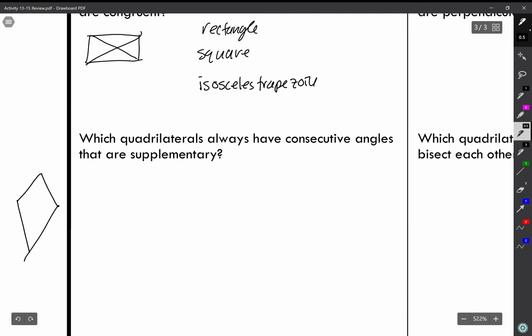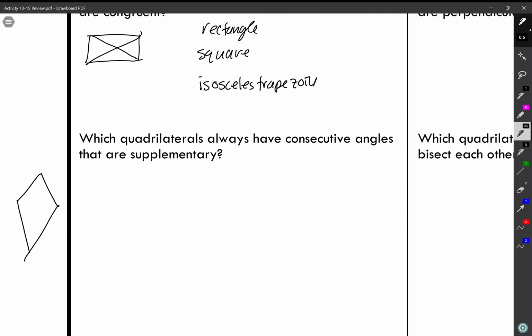Are all my consecutive angles going to be supplementary? I do not believe so. Nope, they are not supplementary. A kite does not have consecutive angles supplementary.